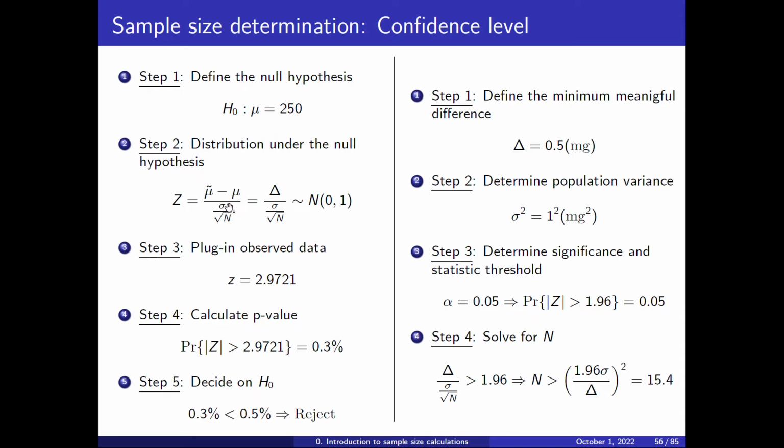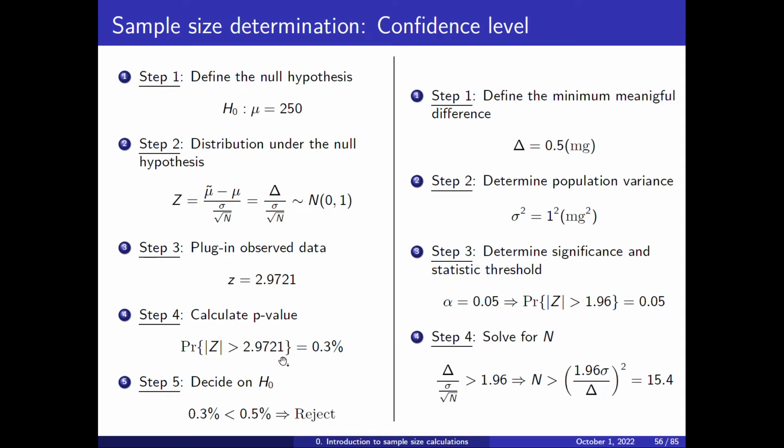This difference is called the effect size. So you have seen an effect of 0.66 milligrams in the previous experiment. And now you plug in your observed data, so 0.66 milligrams in this calculation gives 2.97, and you calculate the p-value associated to that.